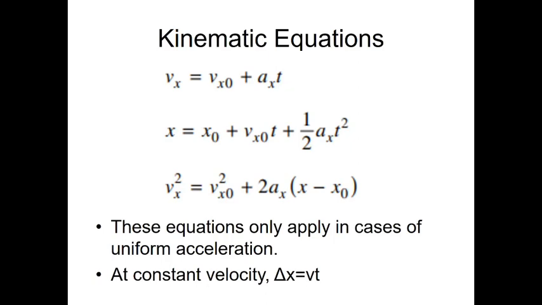The one underneath that: X is the final position, is equal to x0, which is the initial position, plus Vxo, which is the initial velocity, times the time, plus 1/2 at squared.